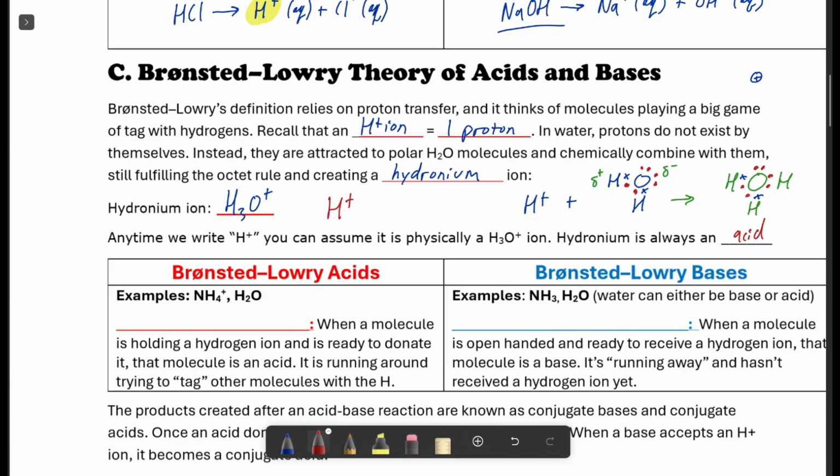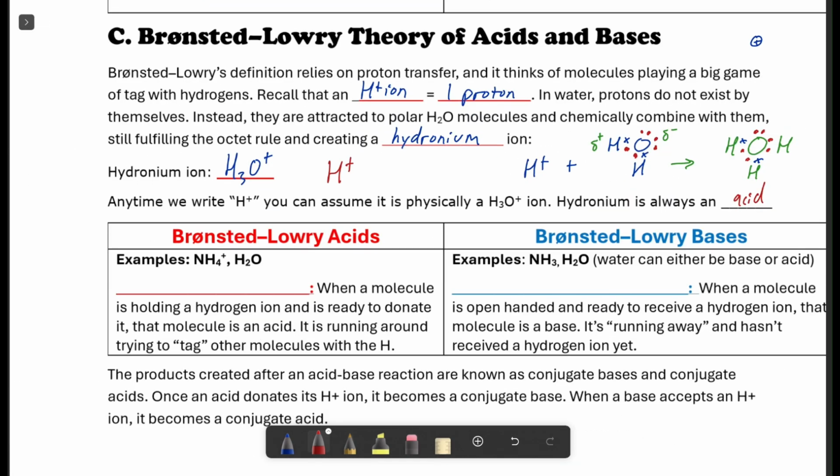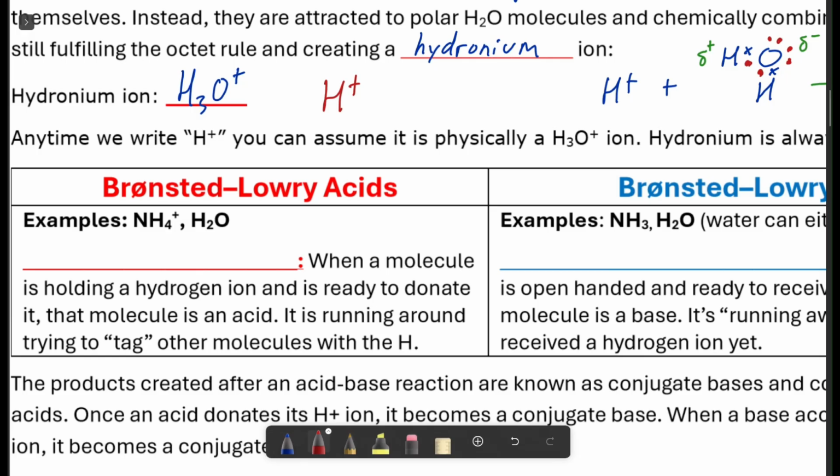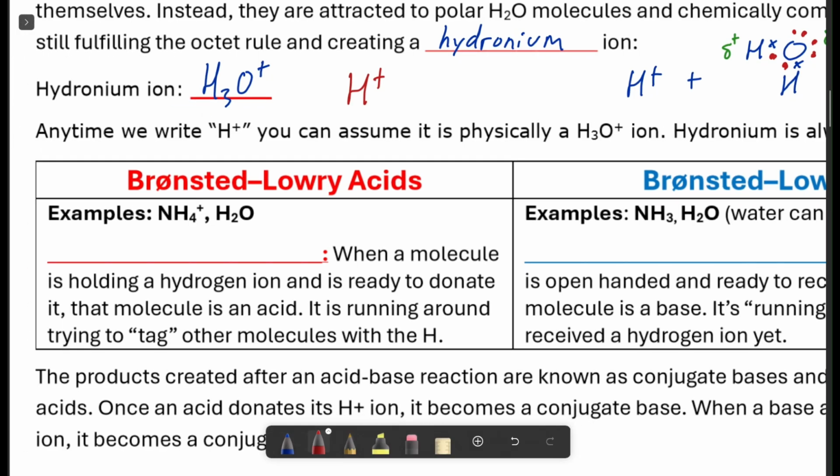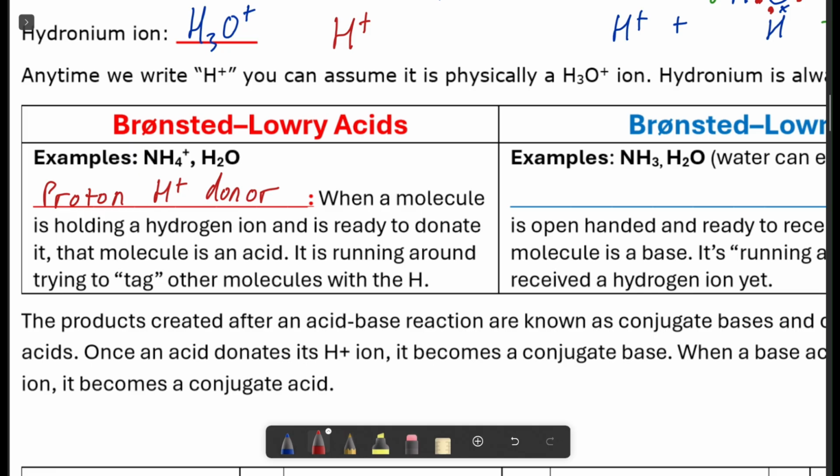Let's talk about what an acid really is in the Bronsted-Lowry framework. Basically, an acid is just a proton or H plus donor.